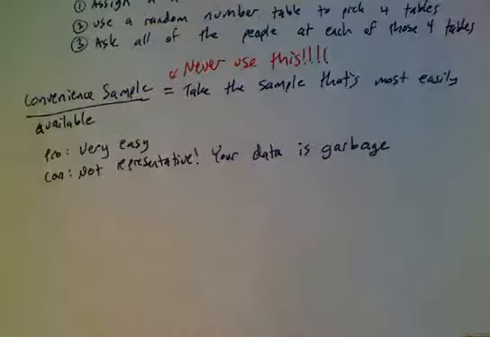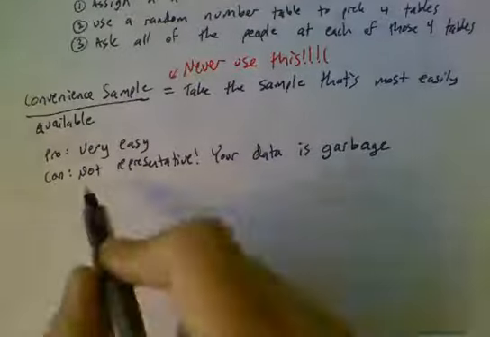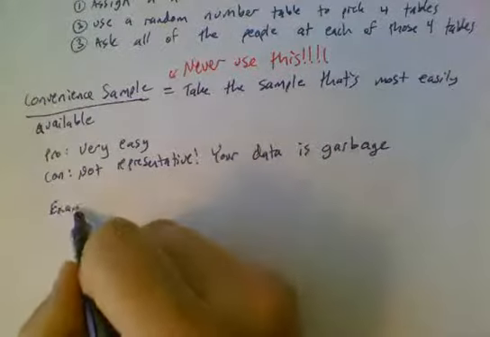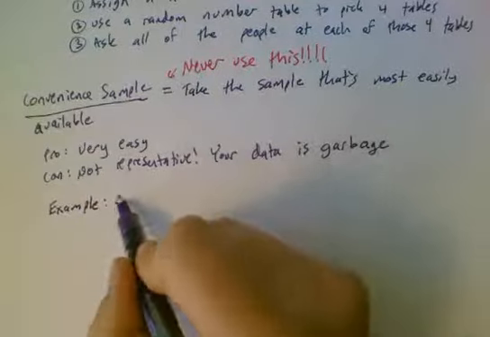It might be purely by happenstance that you just happen to have friends who are a representative sample of everyone in the United States who's going to vote for president. It's not very likely. You're just as well off guessing as using a convenience sample. So nonetheless, let's give an example of what that would look like so you know what to avoid.